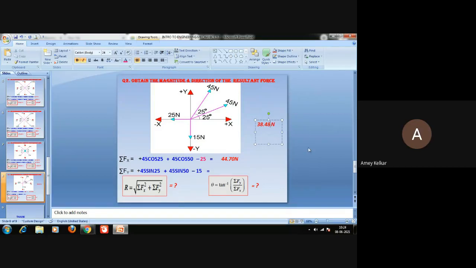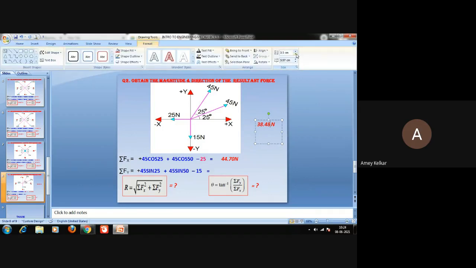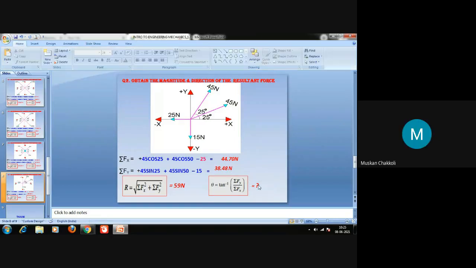Okay, 58.98, about 59. Okay, good. Angle 40 degrees. Yes, the angle you are getting is 40.72.